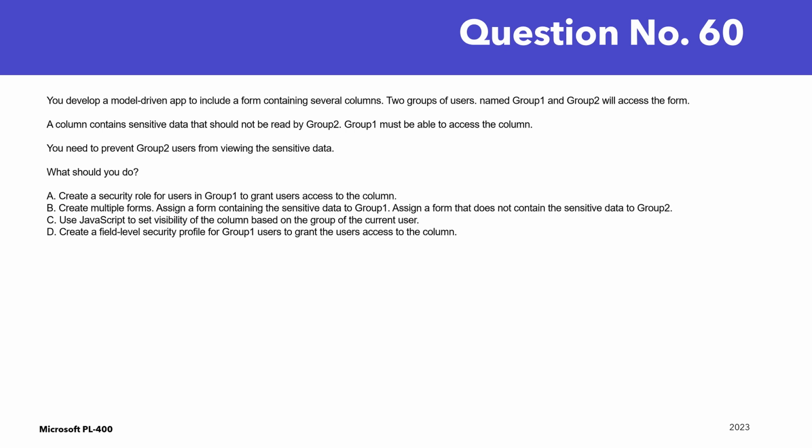B. Create multiple forms. Assign a form containing the sensitive data to Group 1. Assign a form that does not contain the sensitive data to Group 2. C. Use JavaScript to set visibility of the column based on the group of the current user. D. Create a field-level security profile for Group 1 users to grant the users access to the column. Correct answer, D.